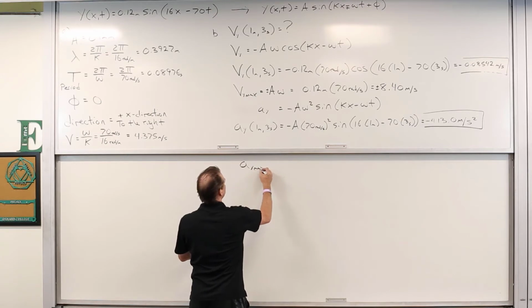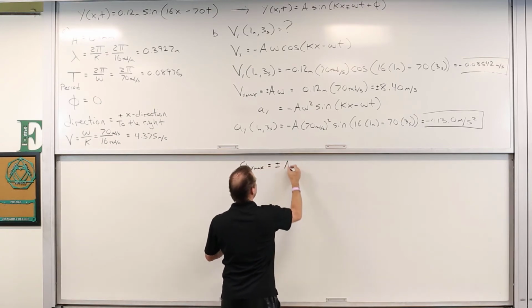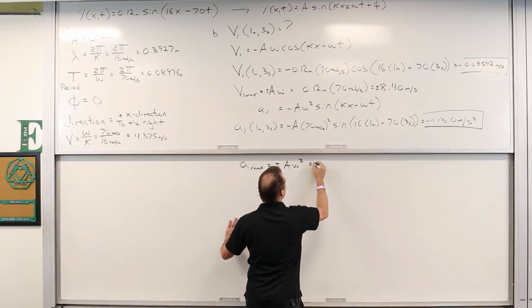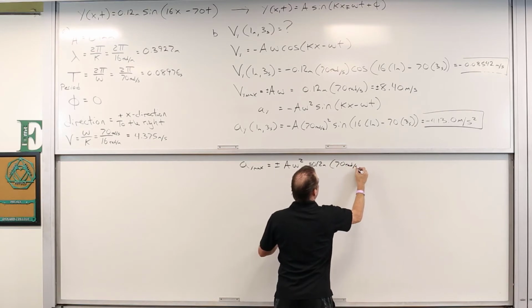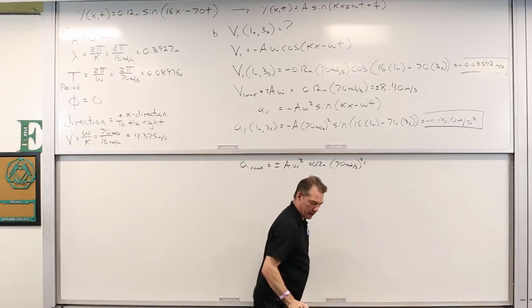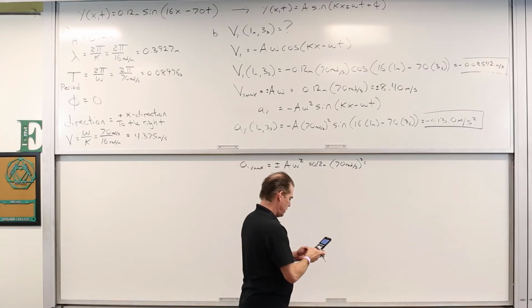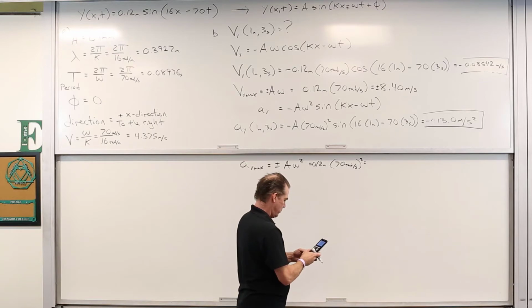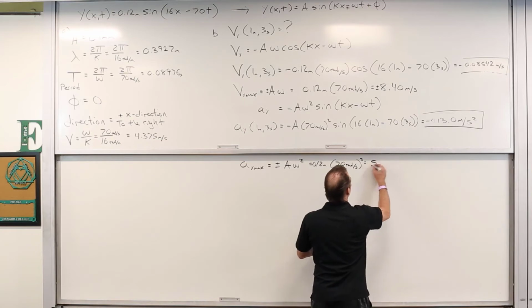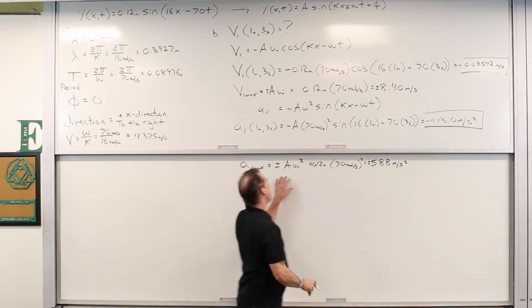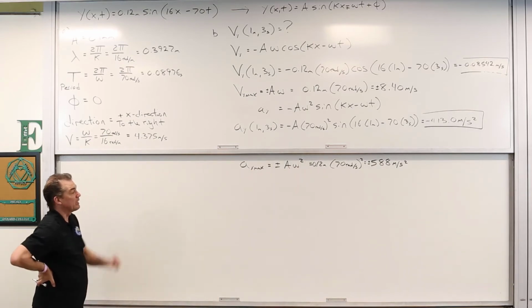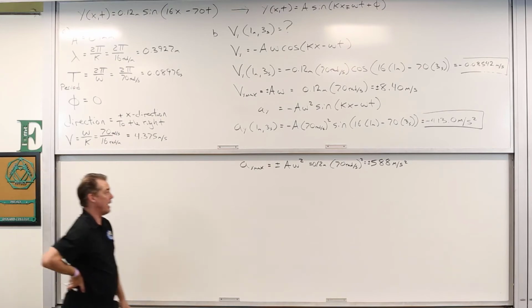A sub y max is going to be plus or minus A omega squared, which is 0.12 meters multiplied by 70 radians per second quantity squared, which gives us 588 meters per second squared, and that is plus or minus. So that is the maximum acceleration that any element can have.